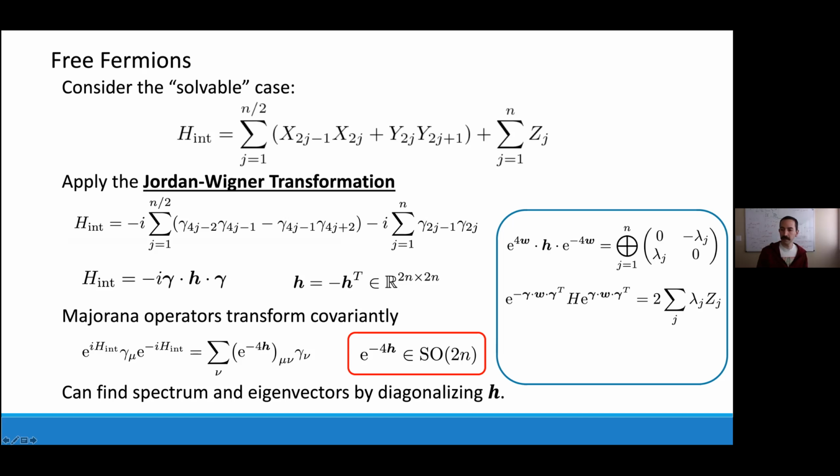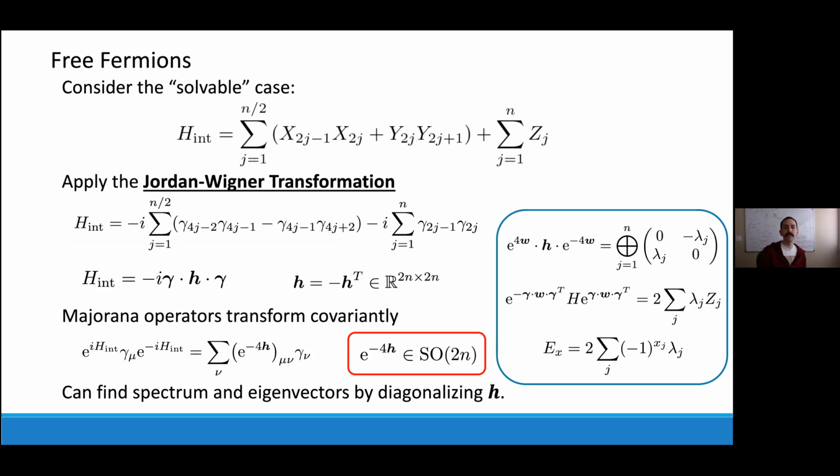Basically up to some overall factors that depend on your normalization conventions and how you define your Hamiltonian. But these things are effectively the energies splitting these two spin states. Right, and then the total energy is just going to be the sum of these individual energies, where these xj tell you the occupation numbers for each of the Majorana modes.